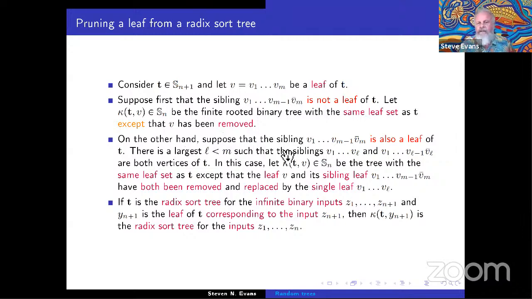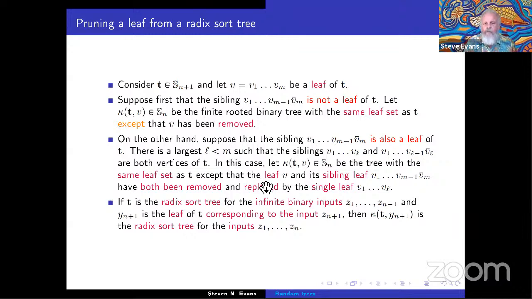Okay, on the other hand, suppose that the sibling leaf is also a leaf of T. So the leaf that we're going to prune has its brother or sister also a leaf. And so then there's a path of descent leading down to these guys.